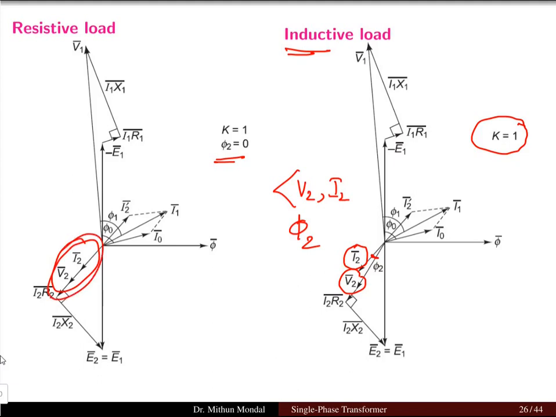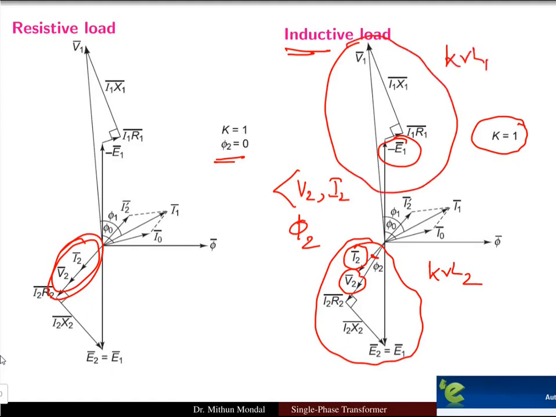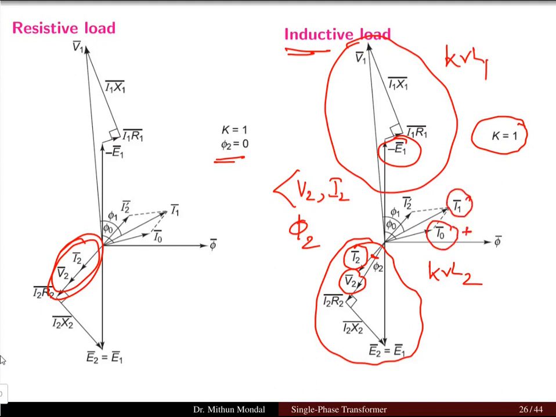And hence we can write the KVL equation in the secondary loop here. And when we take minus E1, this represents the KVL equation in the primary loop. And here we have the no load component of the current and I1, which is the summation of I0 plus I2 dash, and I2 dash is anti-phase with I2. So whatever I2 we get, I2 dash will be anti-phase with it. Hence we will get the phasor diagram of the inductive load.